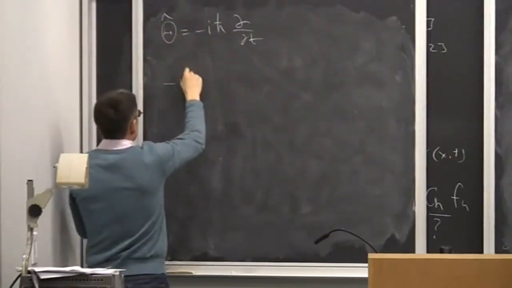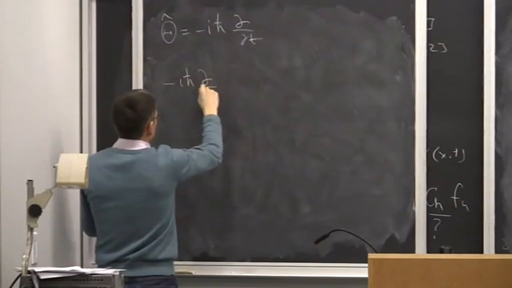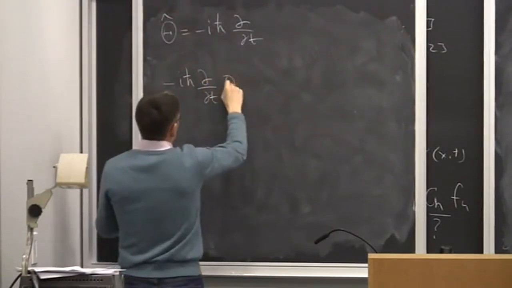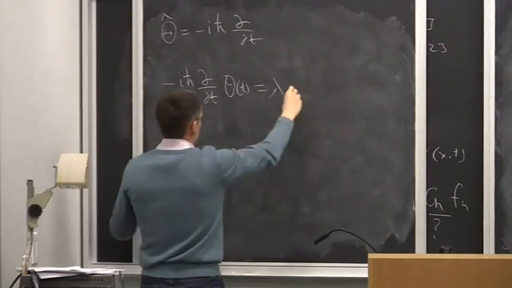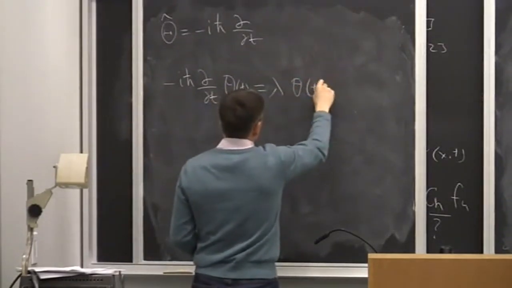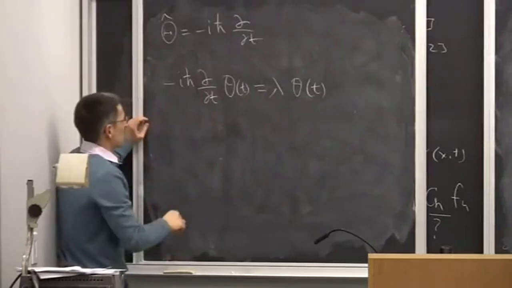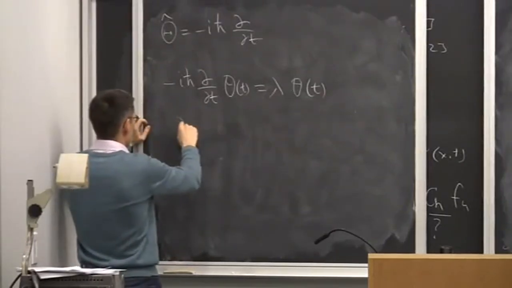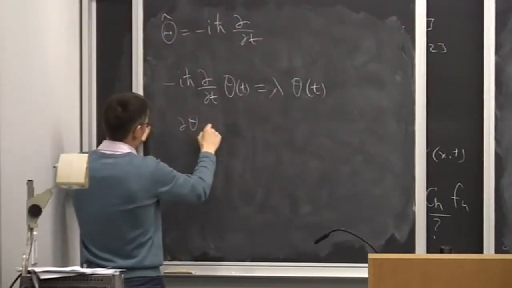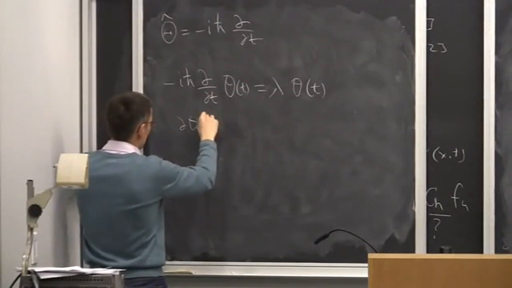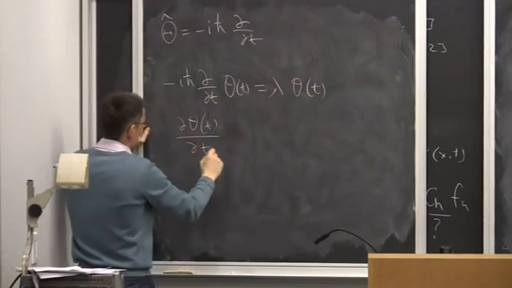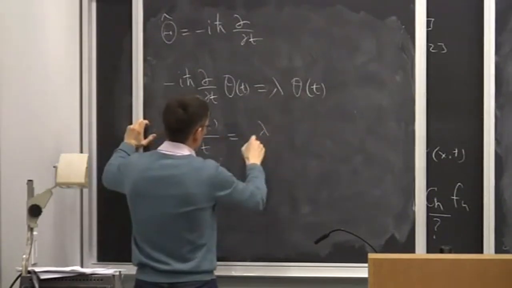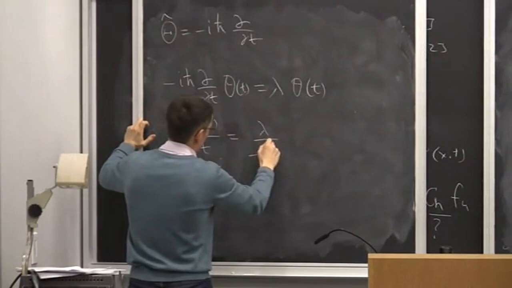We have minus i h bar d over dt acting on theta of t, giving us lambda theta of t. And so after some rearrangement, d theta over dt equals lambda divided by minus i h bar times theta.